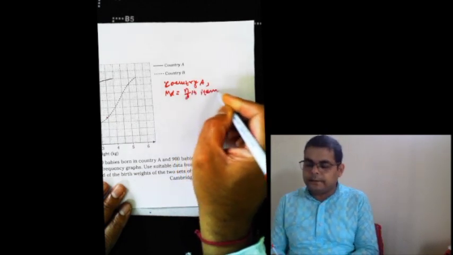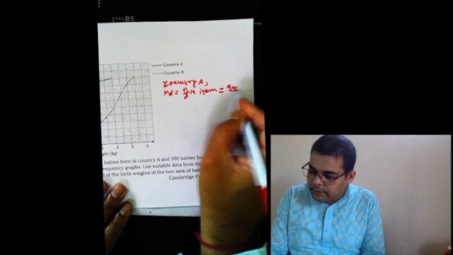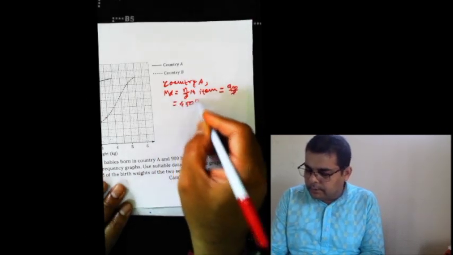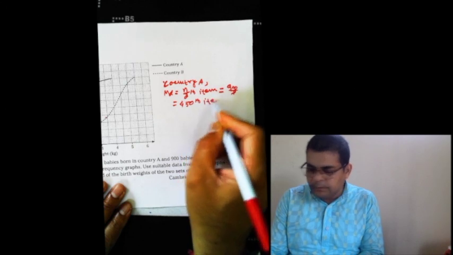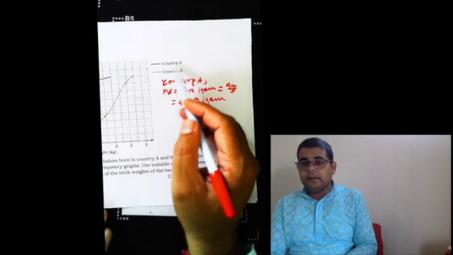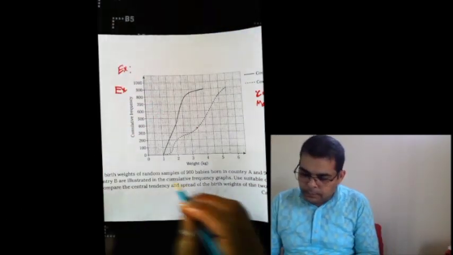N by 2, so n is 900, so this is 900 by 2, that is the 450th item or value from this graph. So the dark graph is for country A. From this dark graph, you can read off the value of median, so 450.